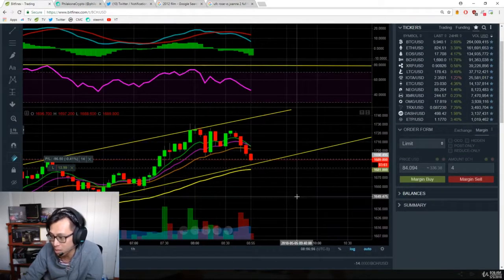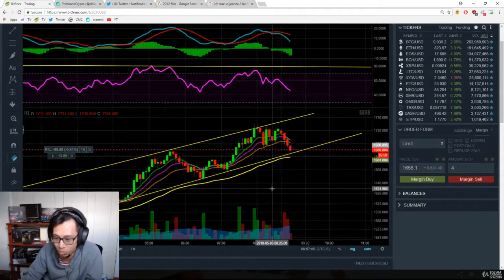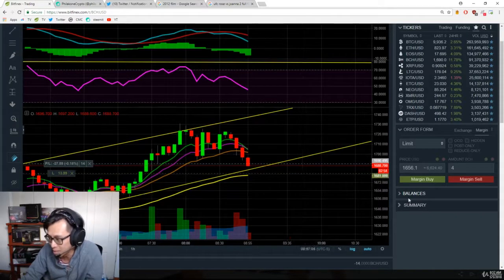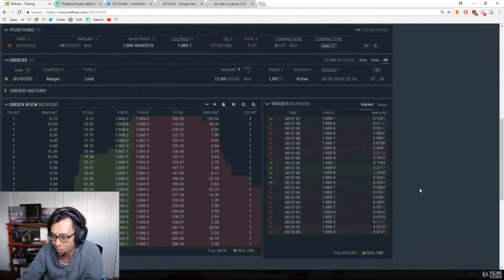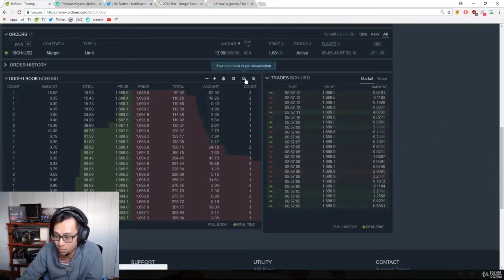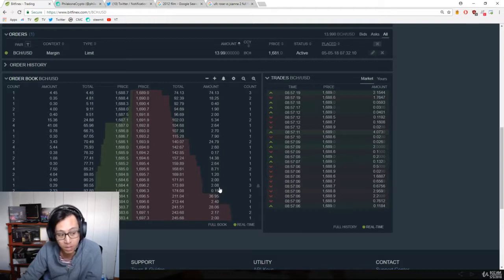And we're most likely going to break this channel support, in my opinion, right? So I've got mine at right around 1681 right here, okay? Now there's a really big wall, if you guys notice. Remember we were talking earlier about the side with the bigger tidal wave, it tends to devour the side with a smaller tidal wave.